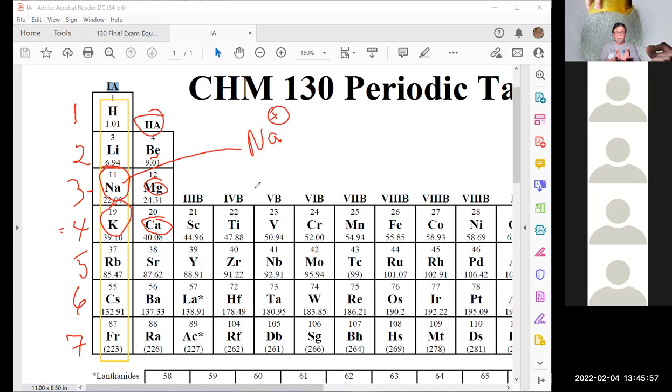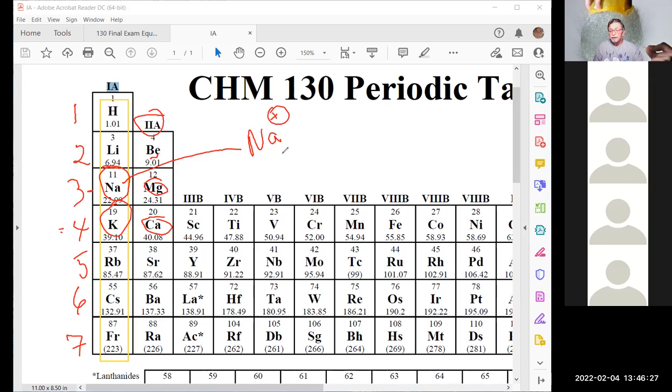And Mother Nature doesn't like to deal with unstable energy levels, because it takes energy to maintain that one electron in energy level number 3. It's easier to get rid of that one than to deal with it. So sodium will very readily get rid of one, and it ends up with a +1 charge as an ion.